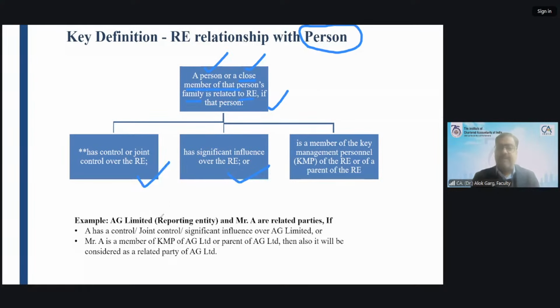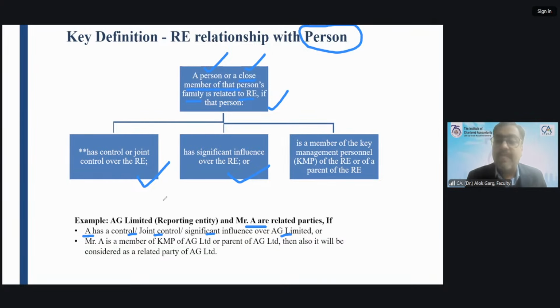Right? For example, AG Limited is a reporting entity and Mr. A is a related party. When will Mr. A become a related party to AG Limited? If Mr. A has control, joint control, or significant influence over AG Limited.